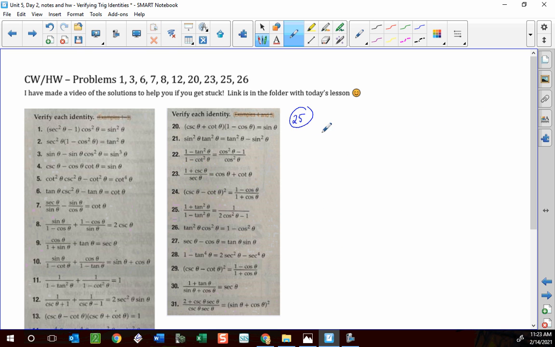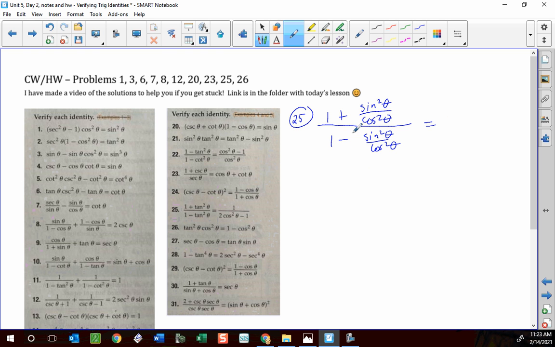All right, so on top, I got 1 plus tangent squared is sine squared over cosine squared. And the bottom, I have 1 minus sine squared over cosine squared. All right, so I think let's get some common denominators.